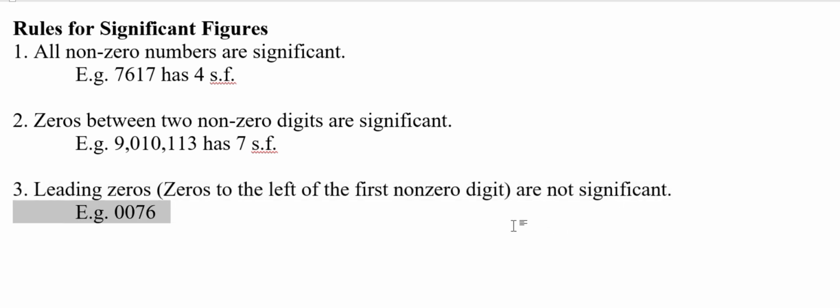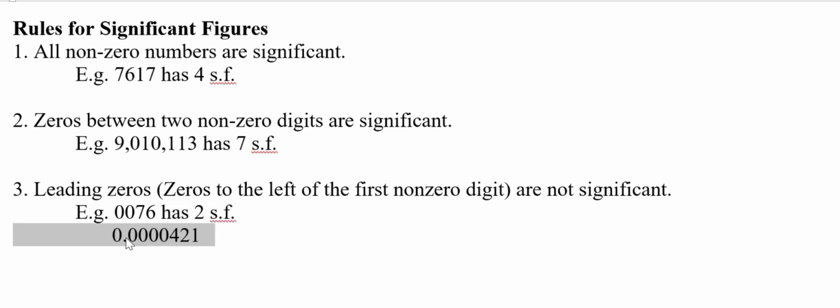If we take this example here, we have 0076. You realize this is a whole number, but there are two zeros which are written to the extreme left of these non-zero numbers. So in this case, these are leading zeros, and therefore we don't count them as significant figures. So this number will have 1, 2 significant figures.